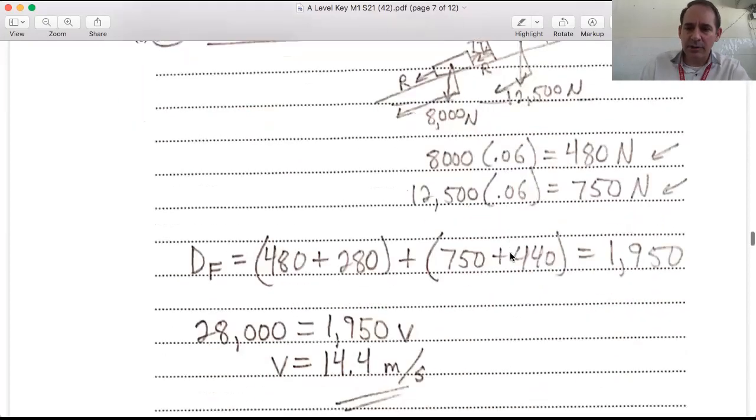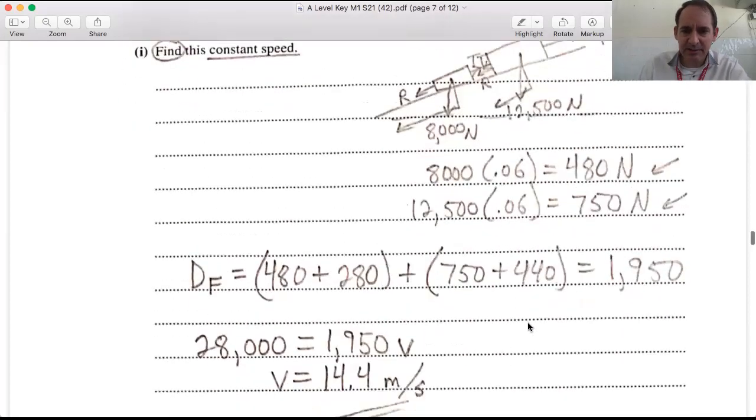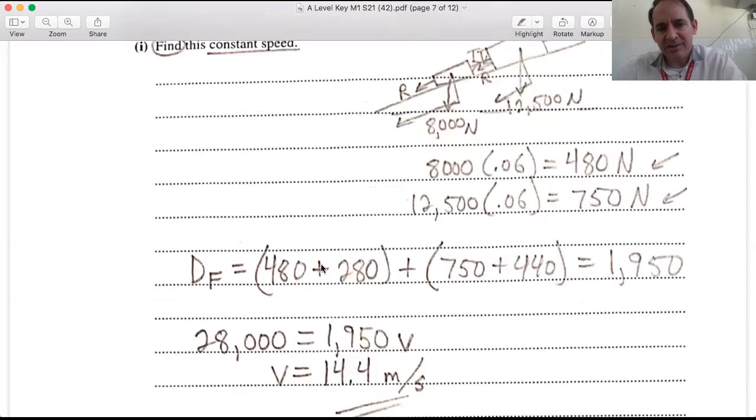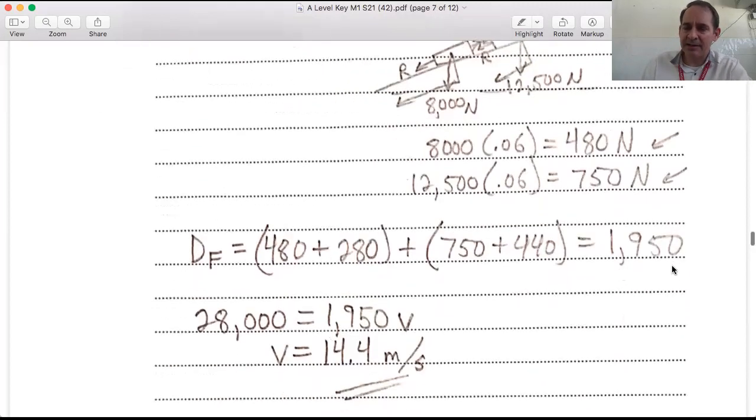Since this is in equilibrium, because it's constant speed, that means the driving force is equal to the sum of the resistance forces plus the sum of the resolved forces due to gravity. You add all those up and the driving force is 1,950 newtons.